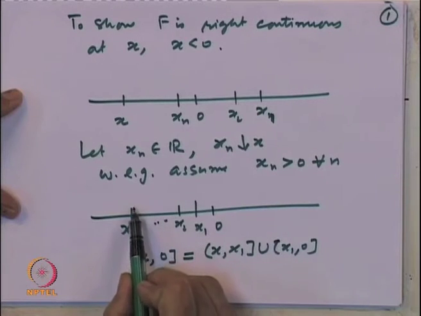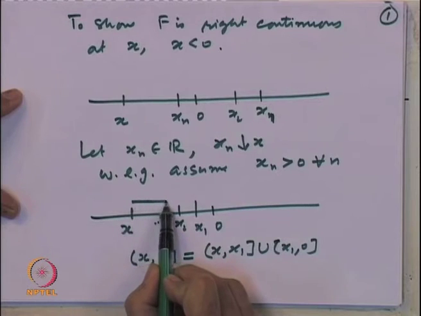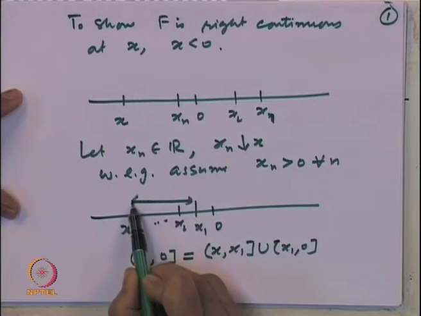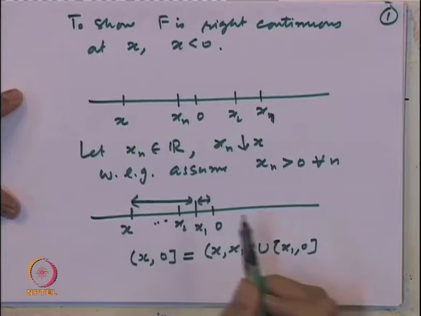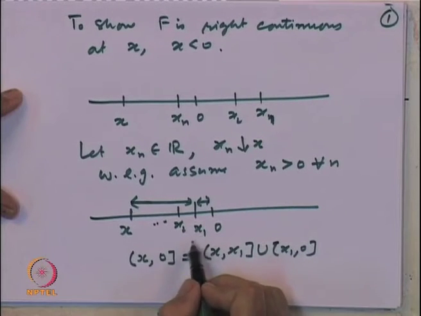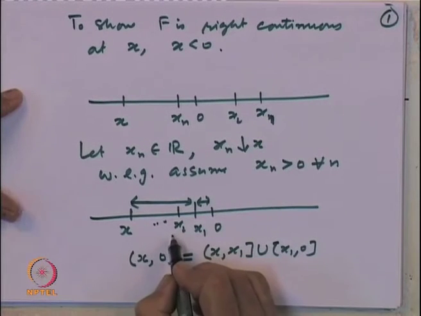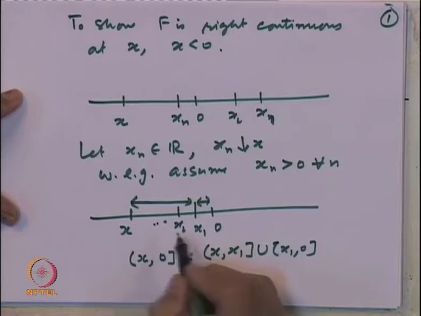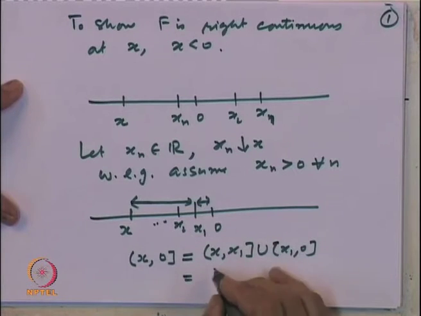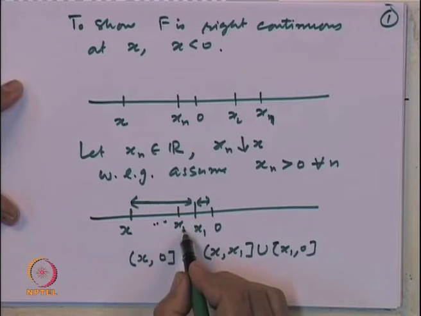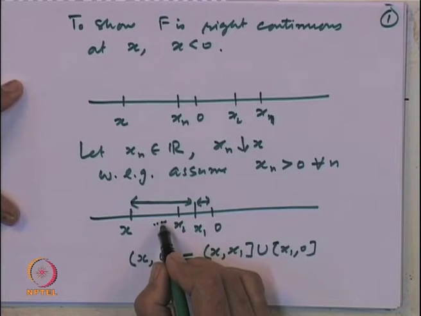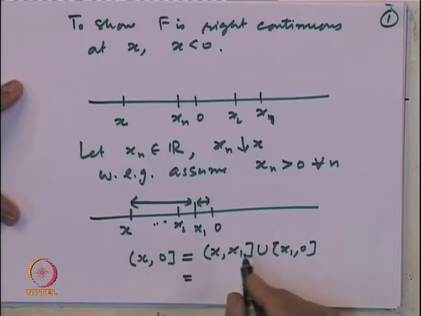So, I can write this as from this point to x_1 and from this point onwards to 0. And now, this interval (x, x_1] I am going to split further into a union of intervals. My claim is that (x, x_1] is the same as (x_1, x_2] union (x_2, x_3] union (x_3, x_4] and so on.